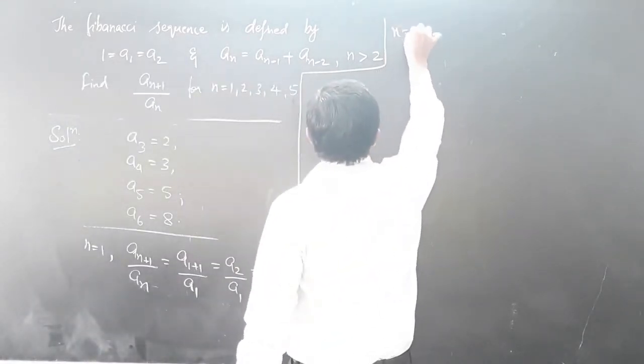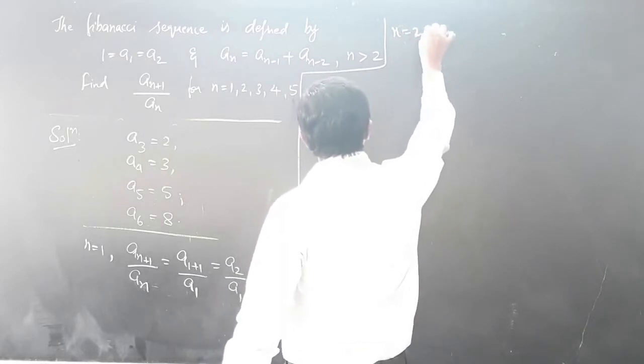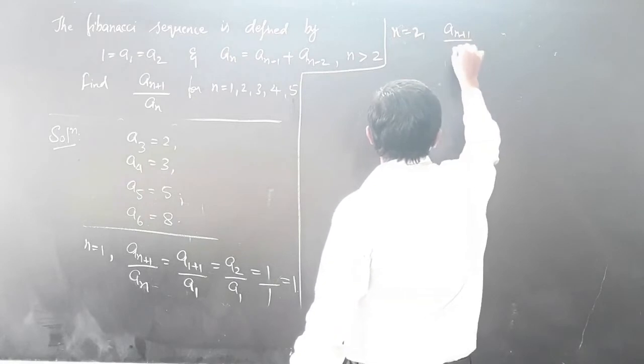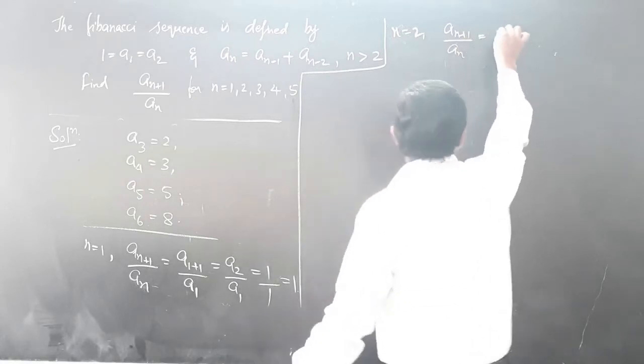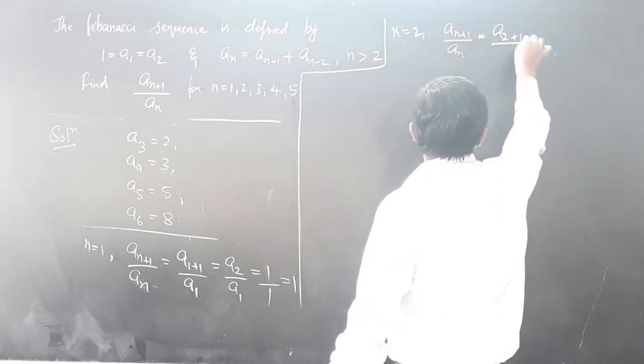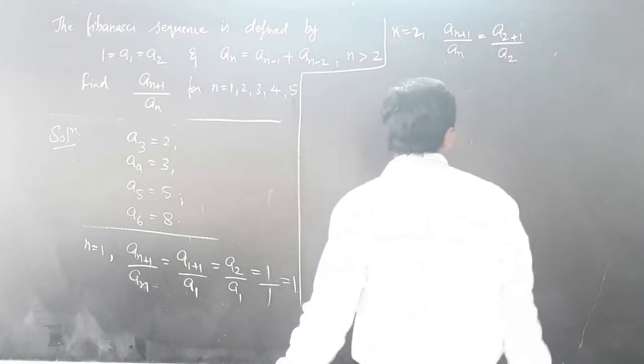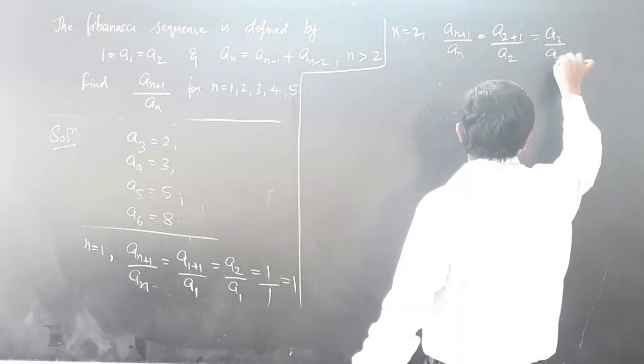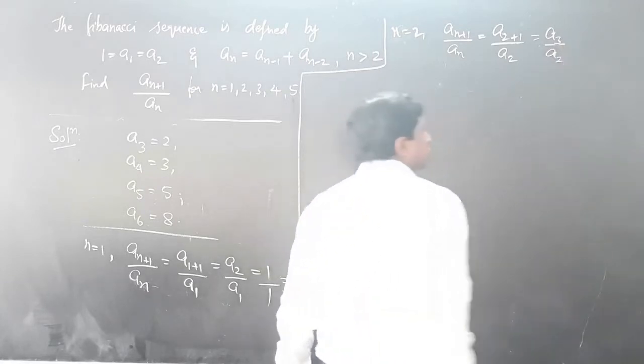When n is 2, AN plus 1 by AN is A2 plus 1 by A2, which is A3 by A2.